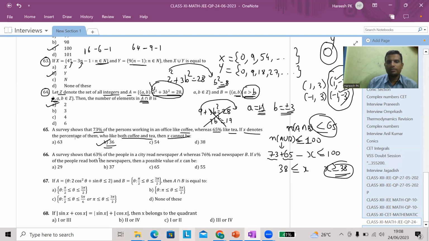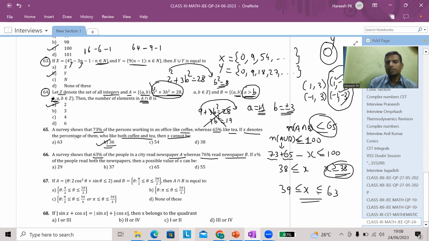Next question, again a similar type. 63% read A, 76% read B. So when you add both, right, 63 and 76, it's like 139, right? So again, x will lie between 63 and 39.